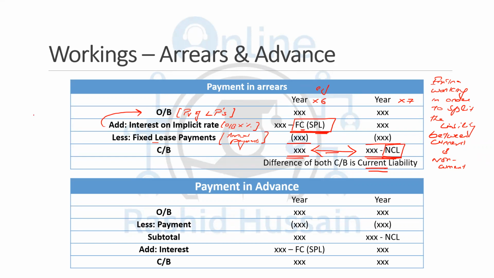So from this working, there will be extracts of both the profit or loss and the financial position. In the financial position, there is going to be a non-current liability and the current liability. Within the statement of profit or loss, we will have the finance cost.